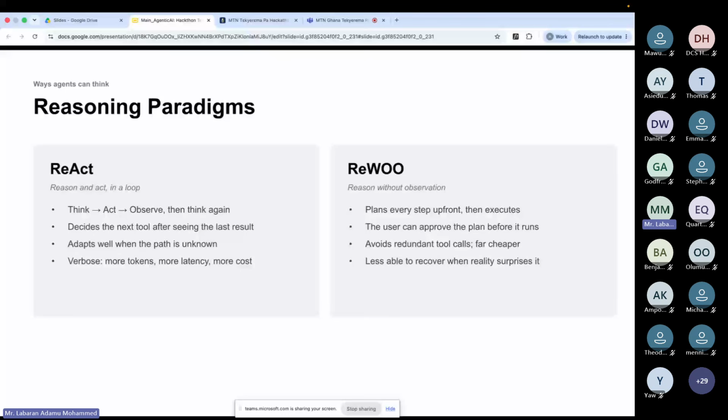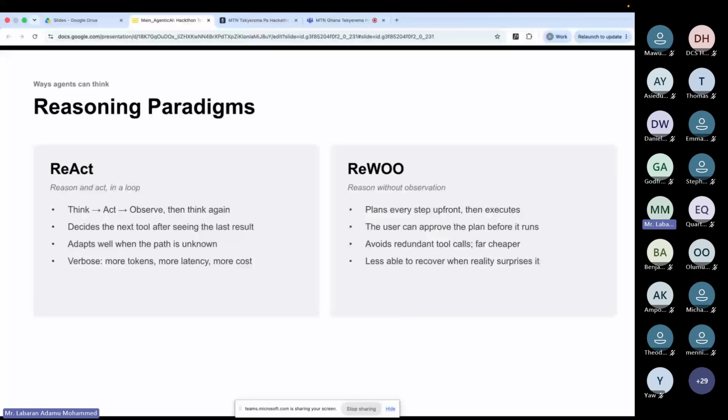There's also another paradigm, reasoning without observation. They call it ReWOO. In this case, the agent plans every step up front, then executes the plan. Here the user can see and approve the plan before it runs.